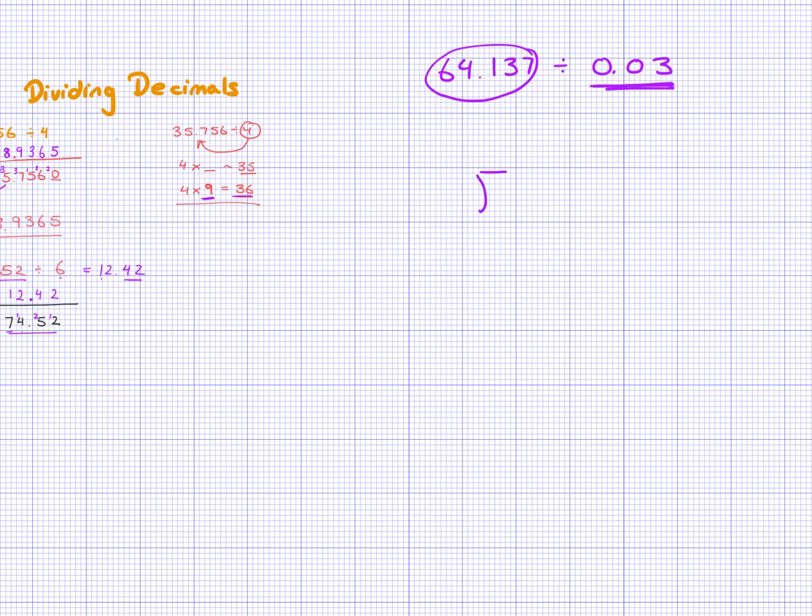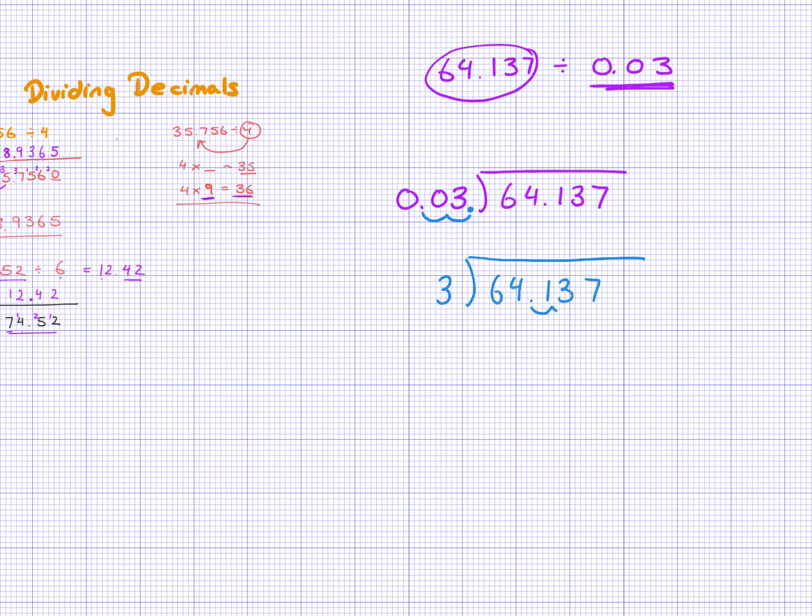So we can write it like this: 64.137, 0.03. All right, now what we're going to do is we're going to actually move the decimal point in the divisor to make a whole number. So if I put the decimal point there, it's now 3. But because I've moved it in that number, I also have to move it in the other number, the dividend.